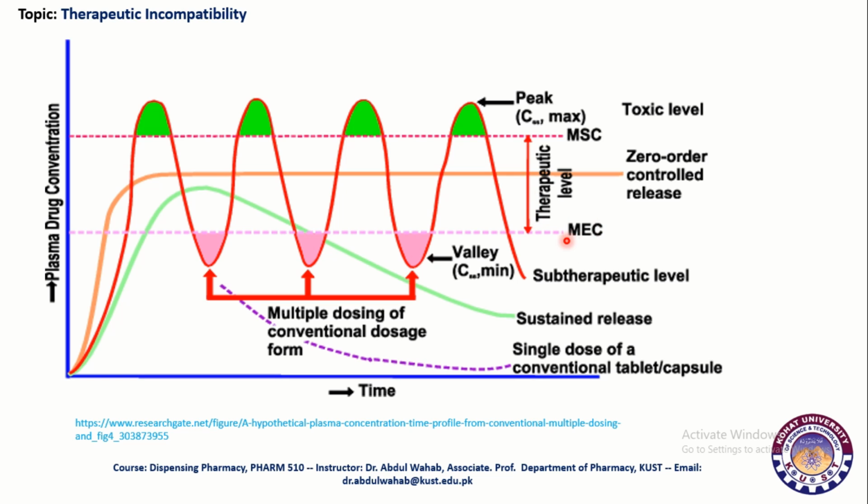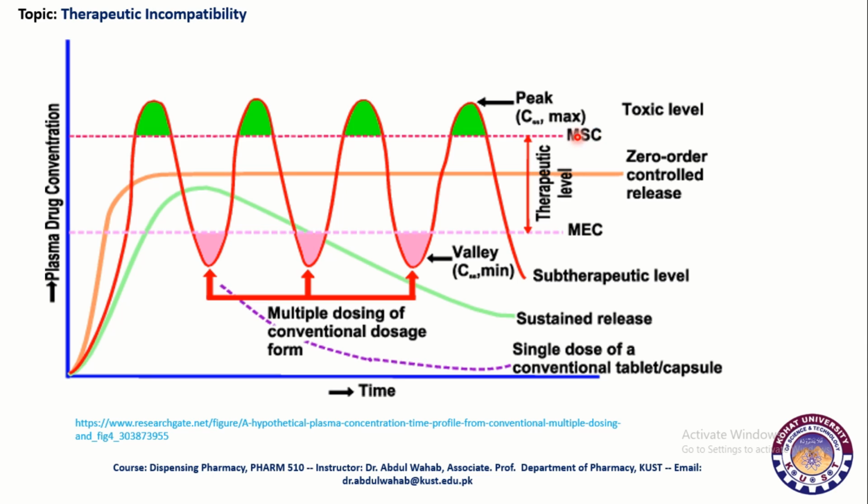M is the minimum effective concentration, and this is the maximum safe concentration. The level between the minimum effective and maximum safe concentration is the therapeutic level, and over here you can see the toxic level.